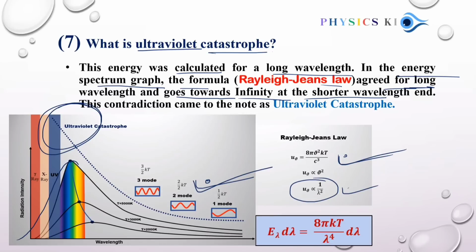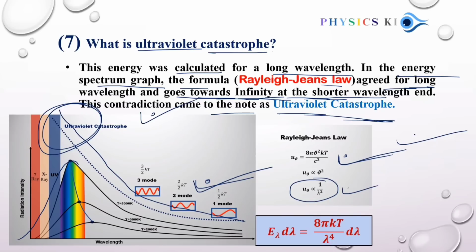But here the contradiction is that for a shorter wavelength, it goes to infinity. And this contradiction came to be known as the ultraviolet catastrophe. Got the idea? So graph presentation is good for you also. This line represents the ultraviolet catastrophe, and this line is the original black body radiation.